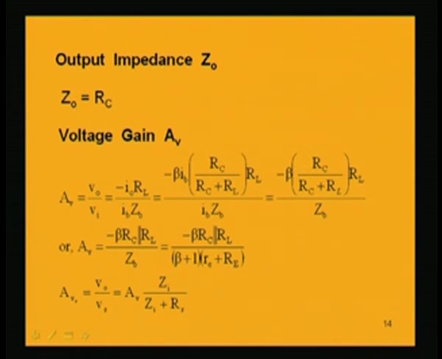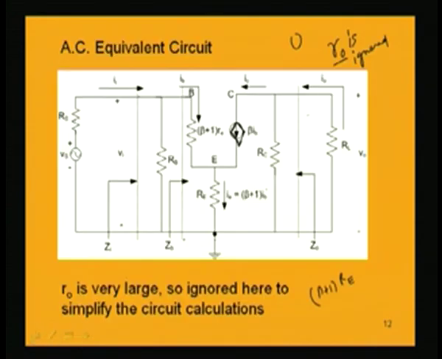Now, again, what is I naught? It is that part of the current which flows through RL. The dependent current source beta IB is what flows in this output circuit, because the base current and the collector current are both combined here to give the emitter current.